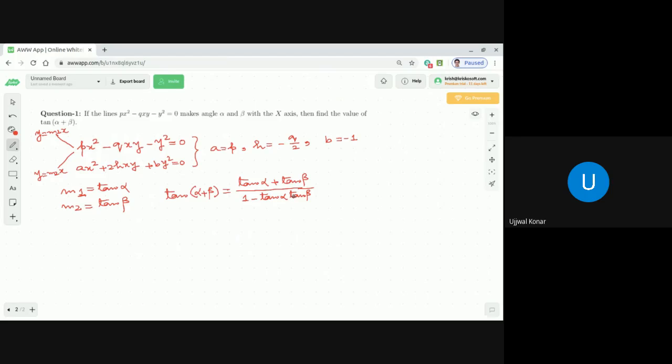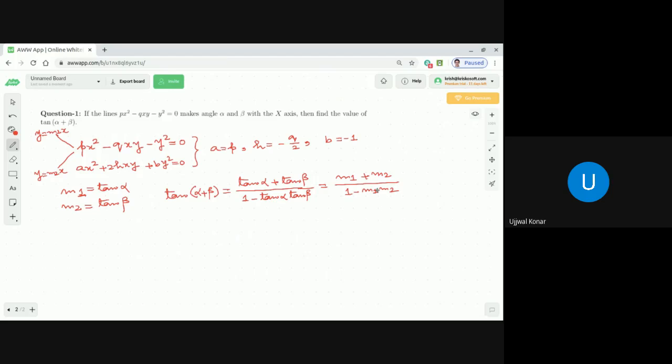So what is the value of tan alpha? M1. So that is equal to M1 plus M2 divided by 1 minus M1 into M2.